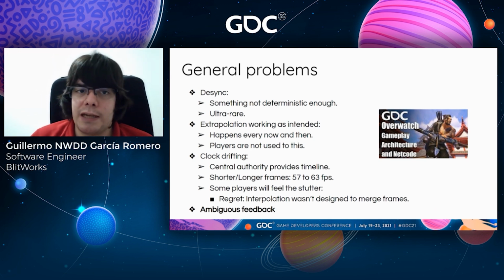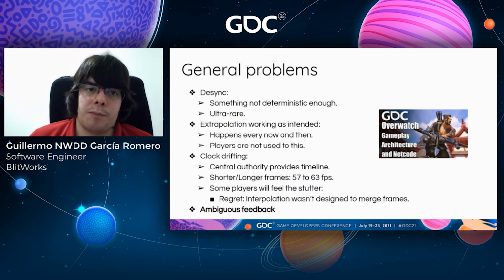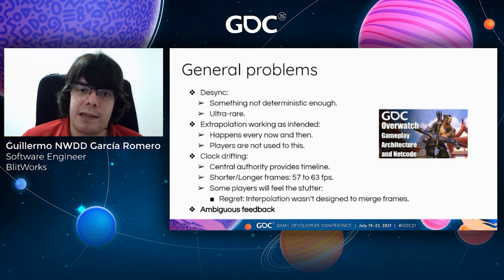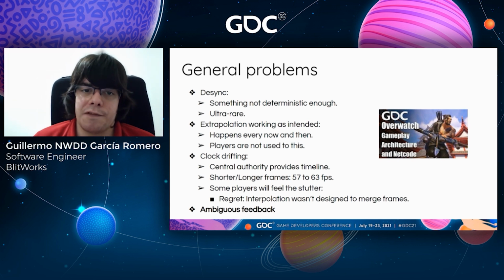Moving on to the last big topic of the talk, problems. We didn't have many problems with determinism, probably thanks to the culture of determinism and a very small engineering team. However, extrapolation, working as intended, has been an issue.